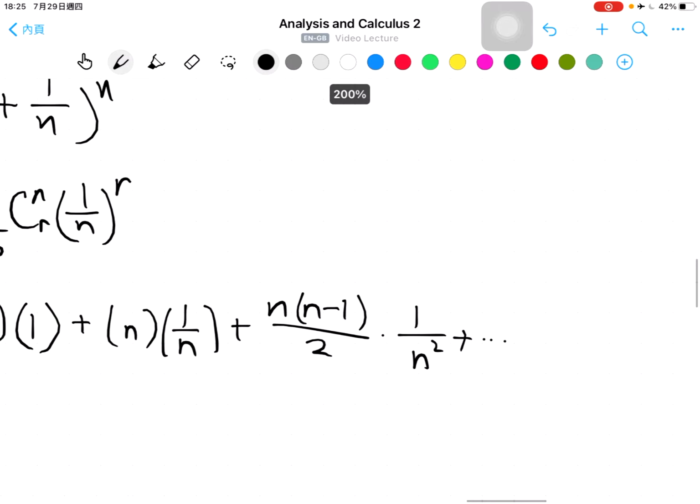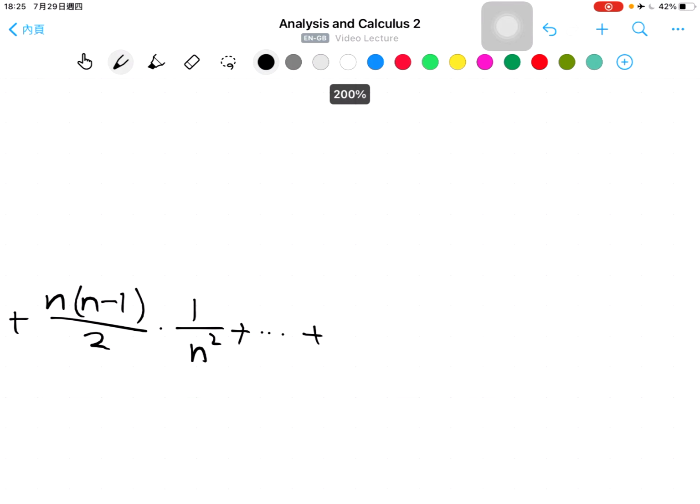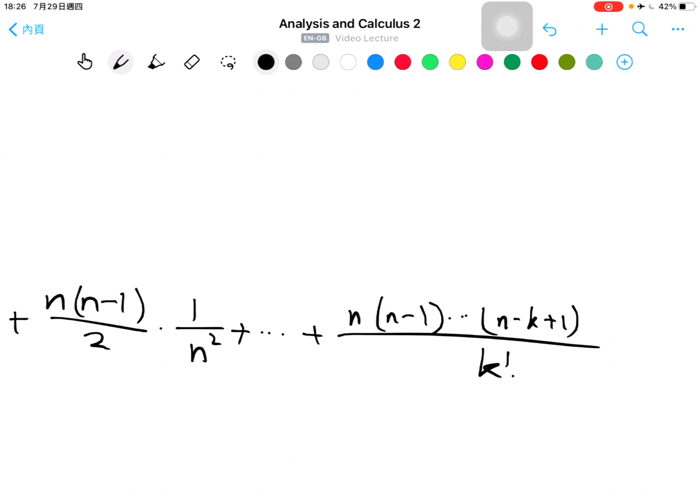Right? And so on. And I'll also write, sometimes in the middle, say the kth term is going to be n times (n minus 1) times all the way up to (n minus k plus 1), divided by k factorial, times 1 over n to the k.